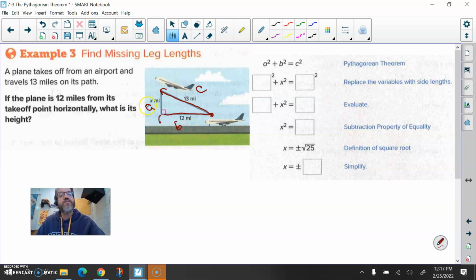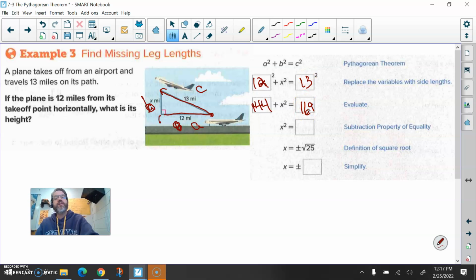And so I just start plugging in some numbers here. Actually, they reverse it here. They have 12 squared plus X squared, and that equals 13 squared. So they're using 12 for their A, and the missing side is what they're putting in for B. 12 squared is 144. 13 squared is 169.